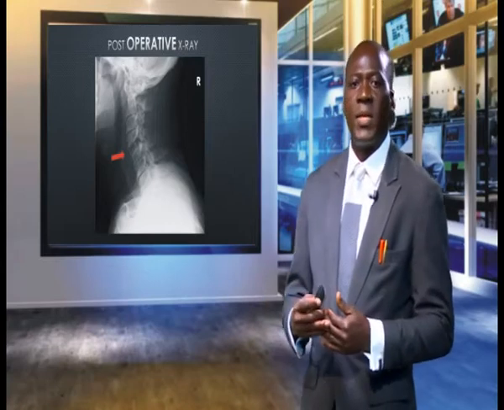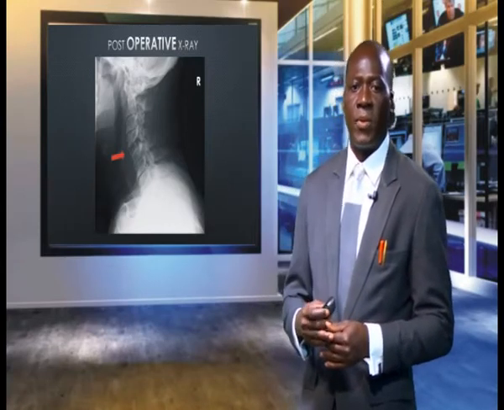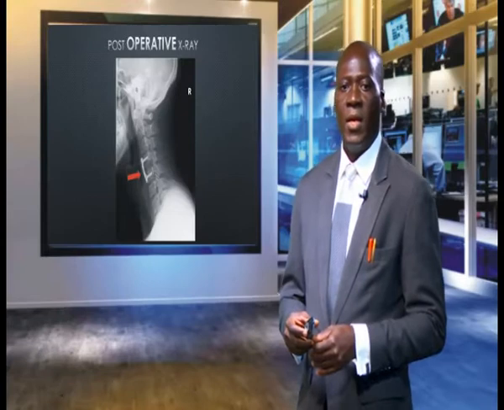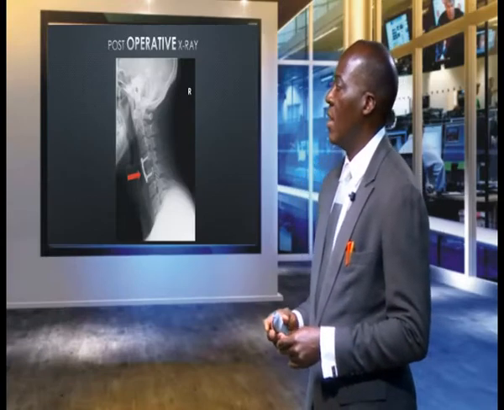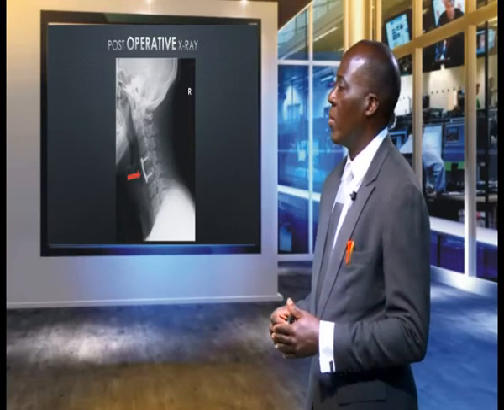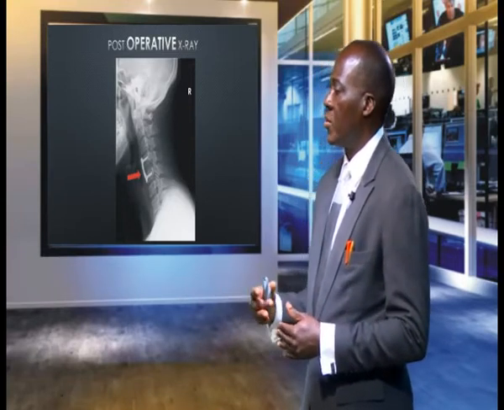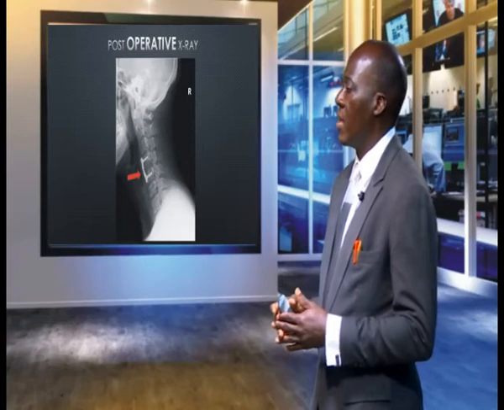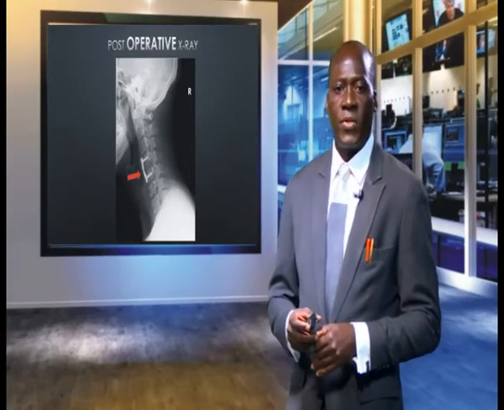This acts as a spacer, to keep the pressure off the spinal cord. In this final X-ray, this is another patient. We have taken bone from the hip, but we've now gone further to put plates and screws to lock up that particular area after completing the operation.